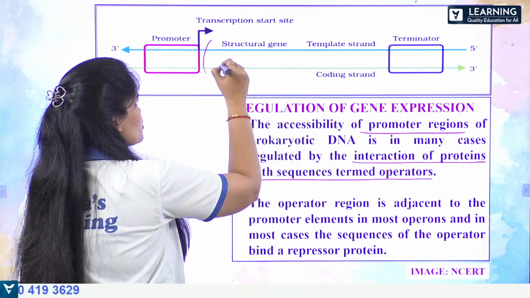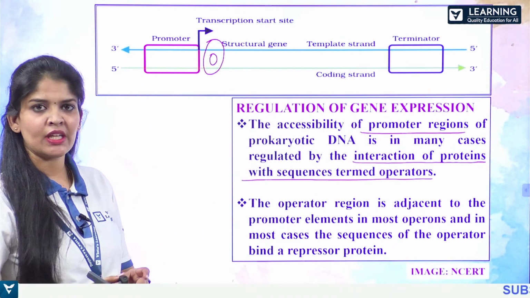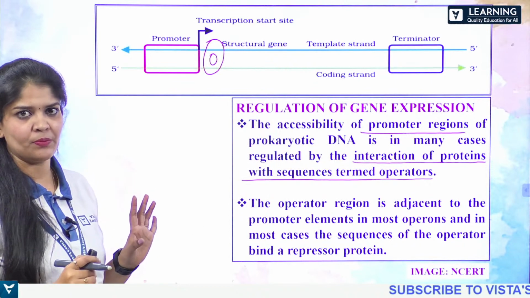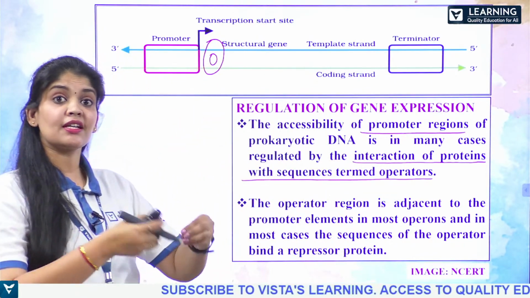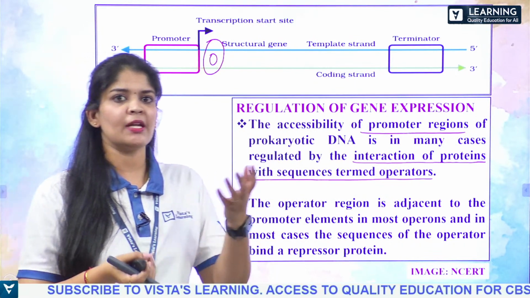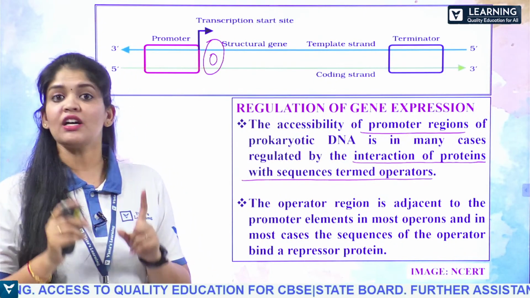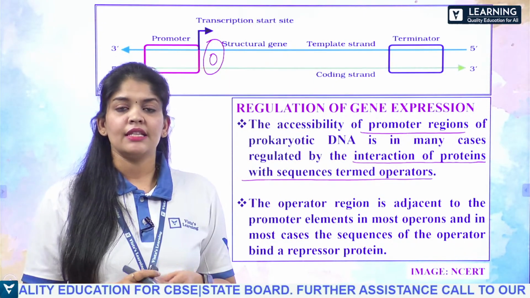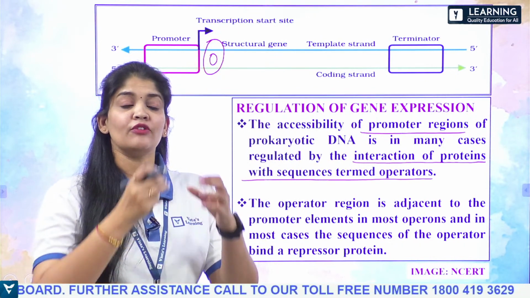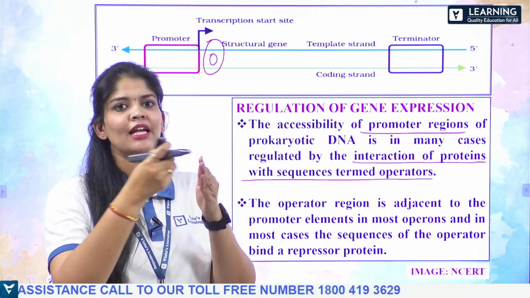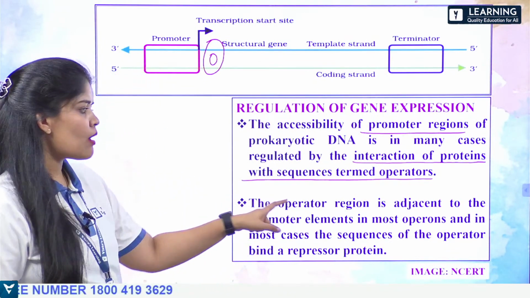We find operators before the structural genes in prokaryotic DNA. The regulatory protein, whether an activator or a repressor, will bind to the operator. There is a specific operator in each operon, and for that specific operator there will be specific repressor proteins.